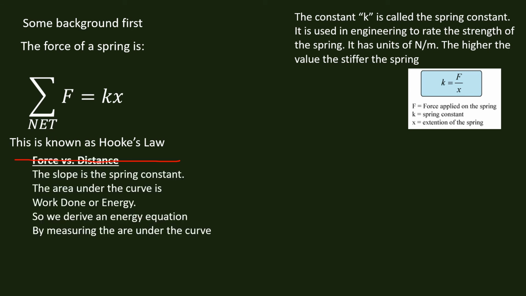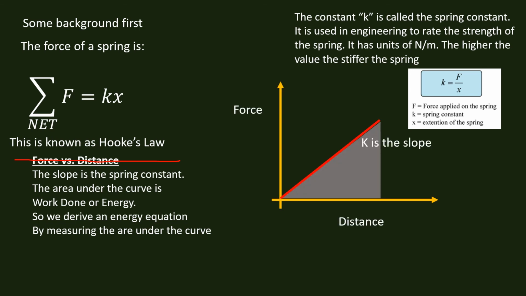Force versus distance. The slope is the spring constant. So if we look at a graph, force versus distance, we have the graph showing the force increasing over the distance, okay, and k is the slope of this graph here.